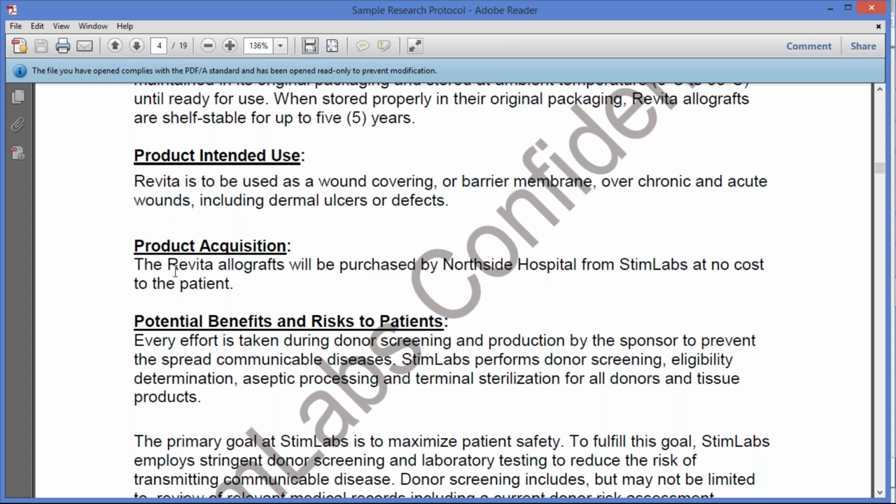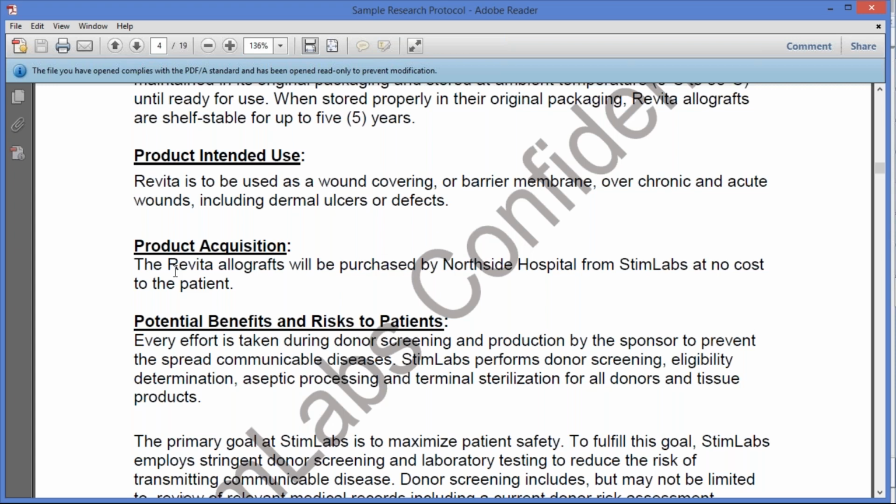See, product acquisition. It is at no cost to the subject, but not to the site. It is a clinical trial, but it's not a clinical trial for a new product. It's an already existing product, but we are using it for a new application, a new purpose.